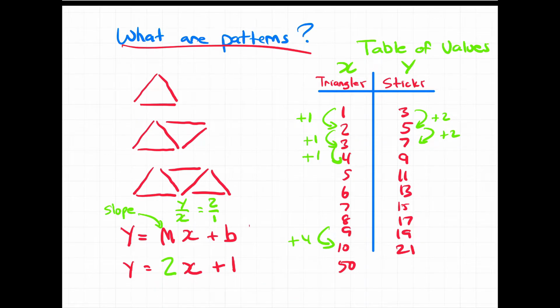So now for us to figure out, well, what is the value of y when x is 50? So how many sticks do we need to make 50 triangles? Well, again, what I'm going to do is take the y, we're going to say it's equal to 2 times, in this case, x is 50, plus 1.